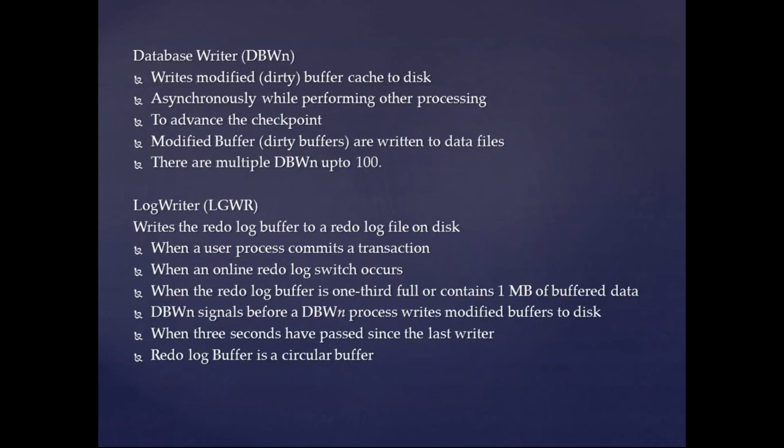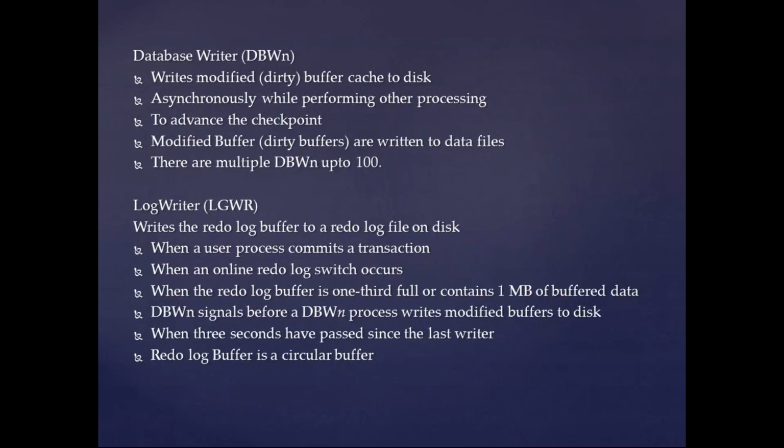When those dirty buffers are written to the disk, the flag of that buffer changes. Maybe the flag is 1, then becomes 0, so you can override those buffers anytime. I told you that the checkpoint is executed based on a parameter and a lot of other things.